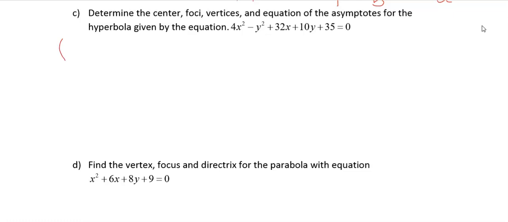I'll put together my 4x squared, like so. And what's the other? Okay, plus 32x. So I'll put those two together. Now remember, I have to remove that 4. And then I go minus, all right? And then I put in brackets. Now be careful here. Watch what's going to happen.